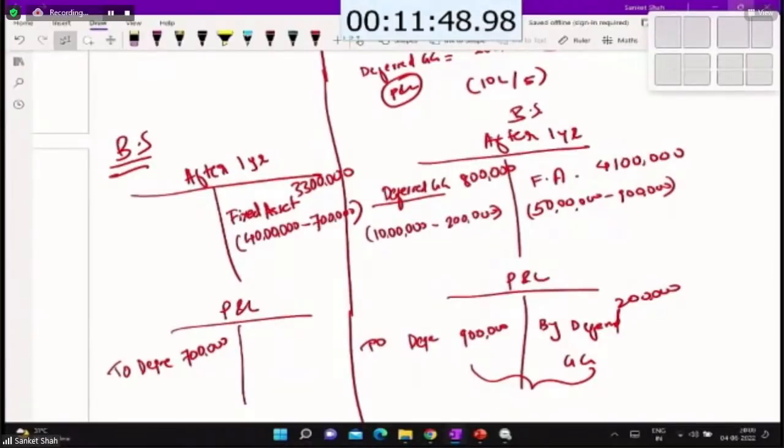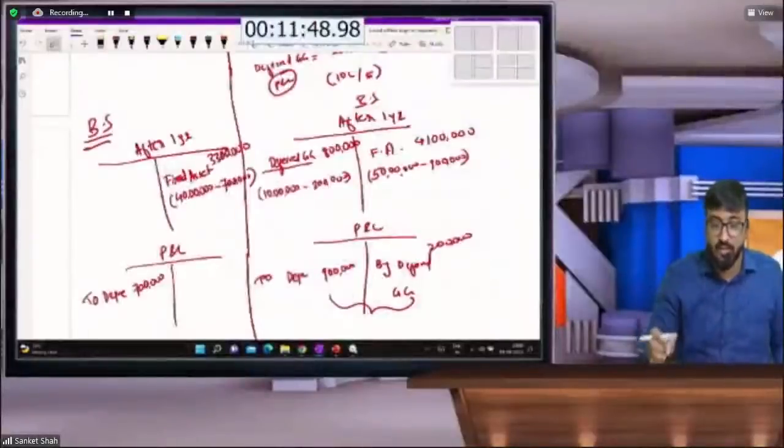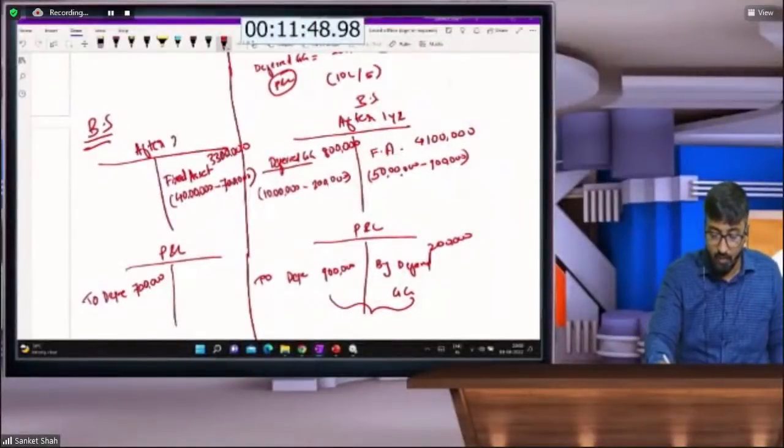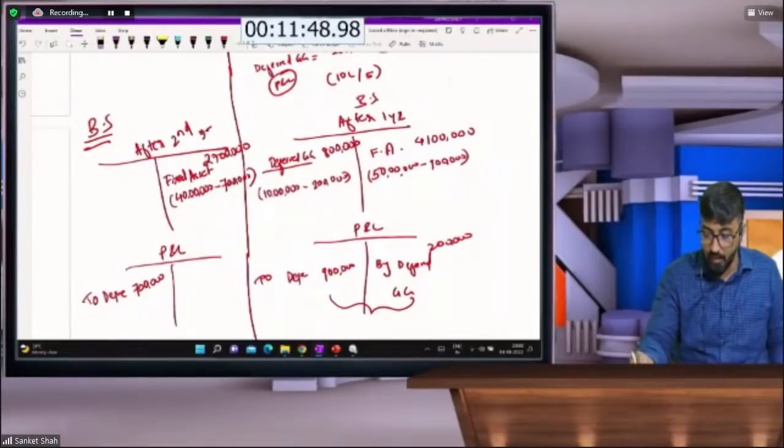In the second year, yes, now it's very easy, sir. After the second year, 41 lakhs minus 9 lakhs, so 32 lakhs, and this will be 8 minus 2, this will be 6 lakhs.